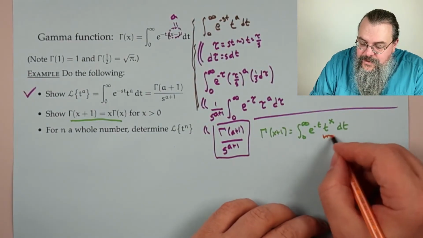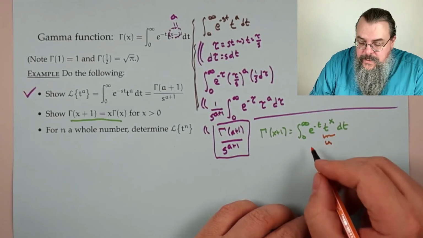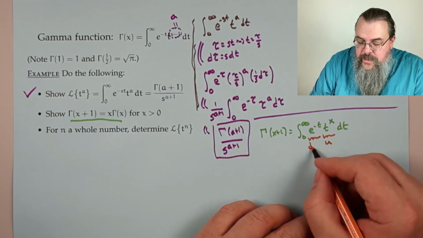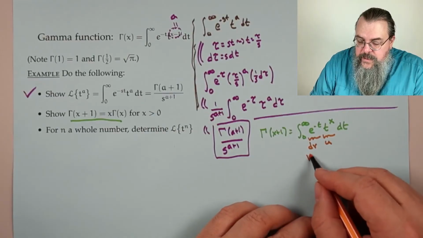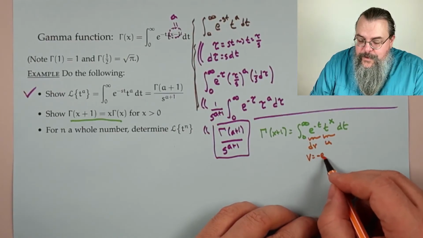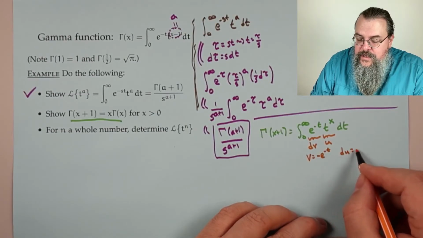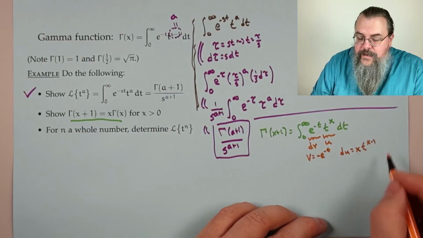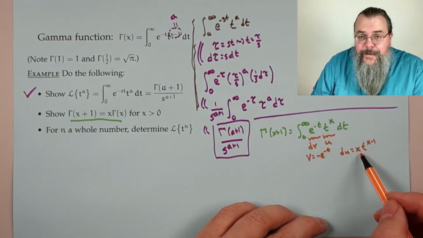So we'll say, look, if you let this part be the u, and then we'll let this part be our dv, we'll see that v, well, the integral of e to the minus t is very straightforward. It's minus e to the minus t. And our du is xt to the x minus 1, right? Power comes down. That's where the x is coming from.